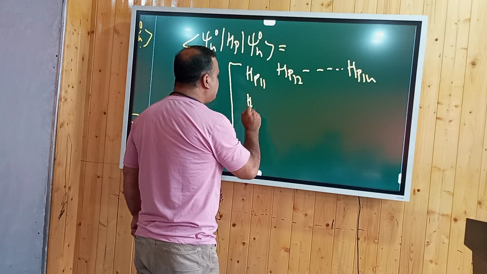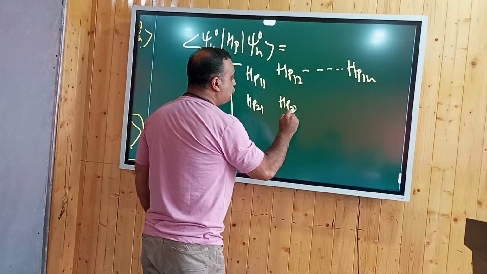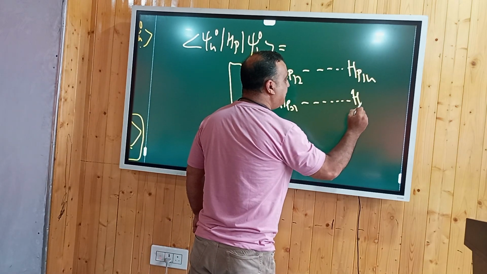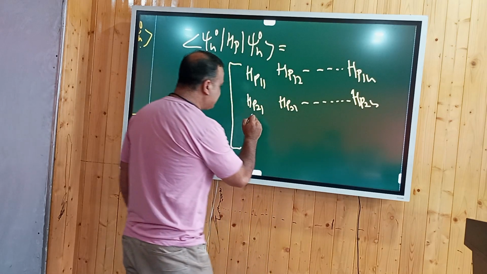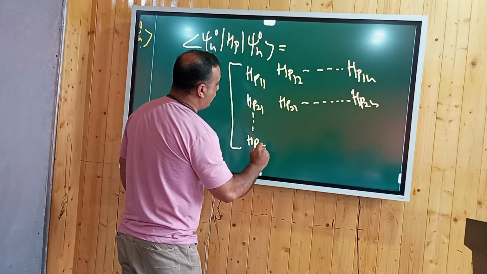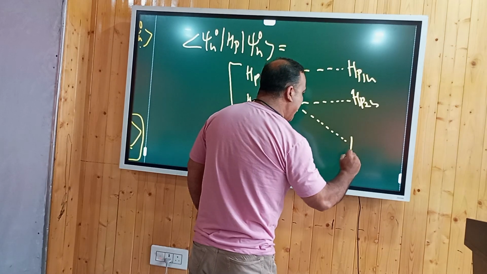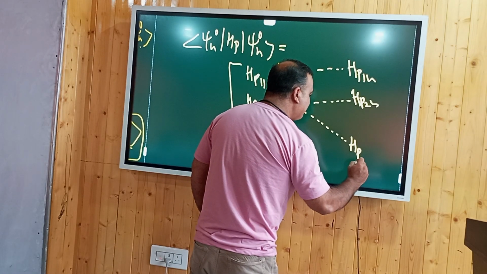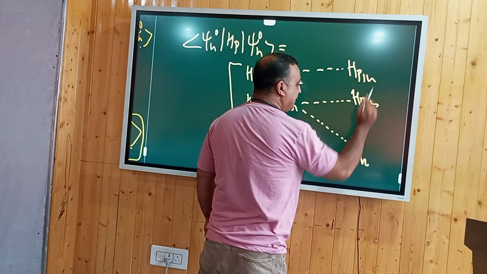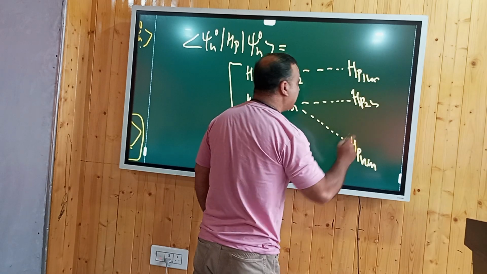Then here you will have HP21, HP22, all the way to HP2n. This will come down to HPn1, and so on down to HPmn. So you can choose this one as m.